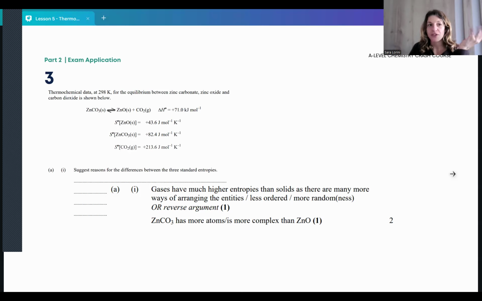Because if there are more atoms, then we have a more complex lattice. And this is what we were looking for for the 2nd mark. So double check if you really wrote it correctly. And otherwise, make a note that with entropy, we have to consider not only the physical state, but also the number of atoms. Good.